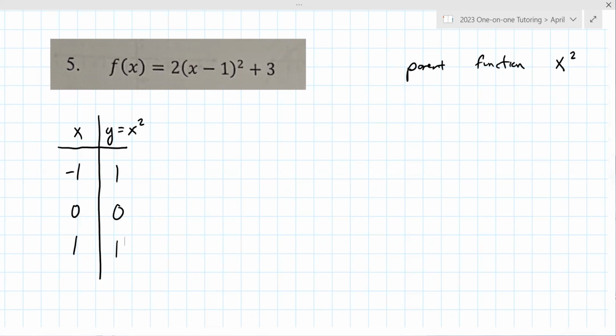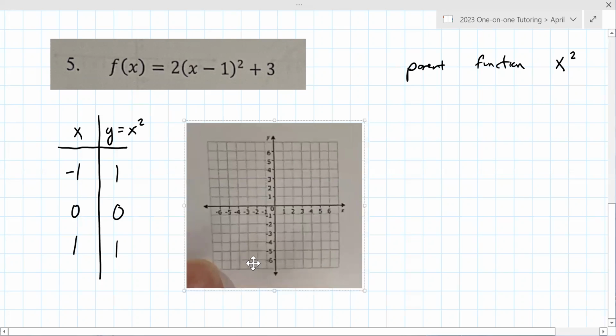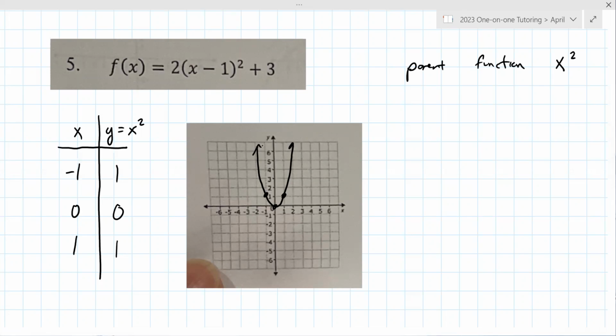And we've got to put that on the graph. So -1, 1, 0, 0, 1, 1. So some sort of a U shape like that. You got to graph that for the first graph there on the left for number 5.